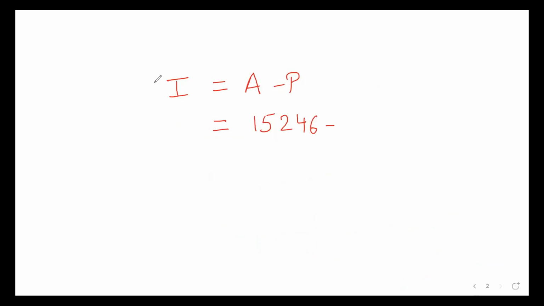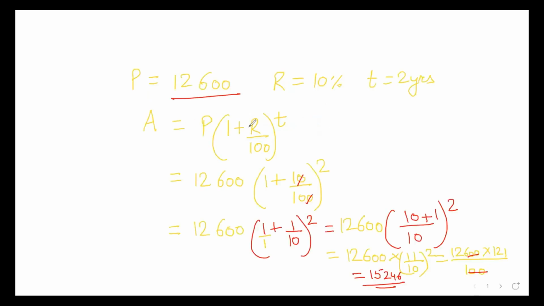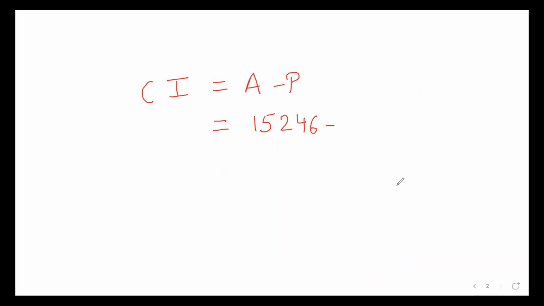So this interest is compound interest. Mark this. It's not a simple interest, it's compound interest. And once you will just subtract both, you would get the interest answer as rupees 2,646. So this way we solve the questions based on compound interest when it's asking compounded annually.